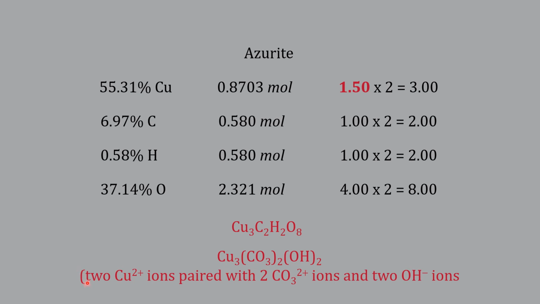Ignore the fact that it says 2, it should say 3. And it is combined with 2 carbonate ions and 2 hydroxide ions. So let me fix my mistake here. 3.